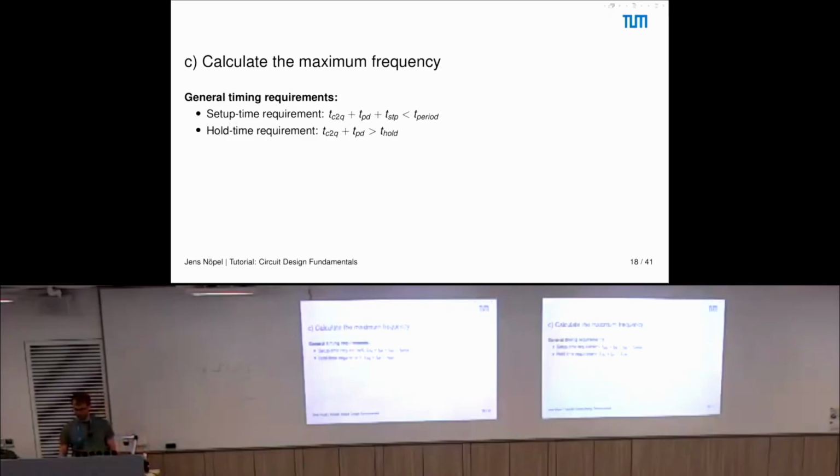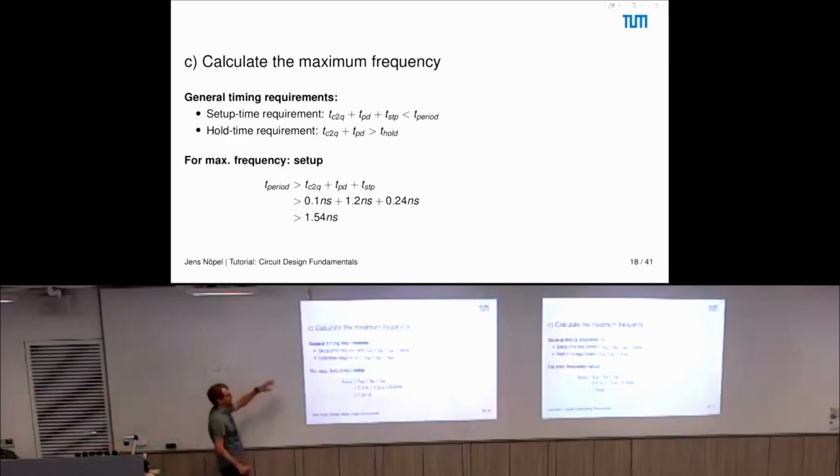Same as before, we need the setup time requirement. TCQ is given, TPD is the critical path we just calculated, and T setup is also given. We get 1.54 nanoseconds, and dividing 1 by that gives us roughly 650 megahertz.